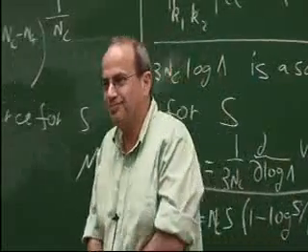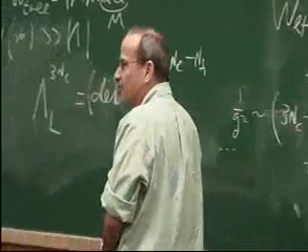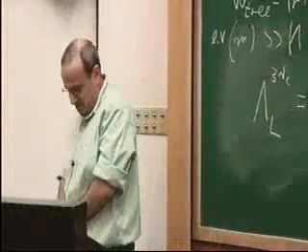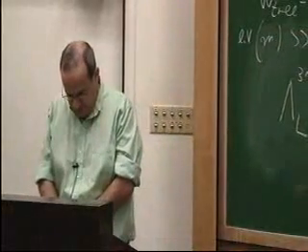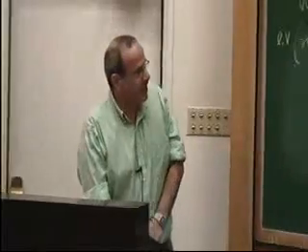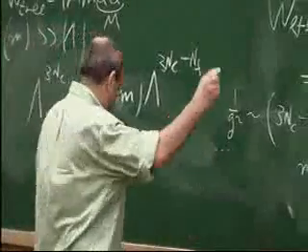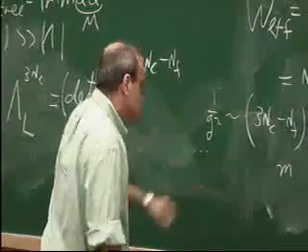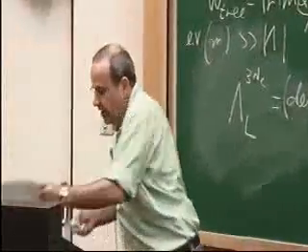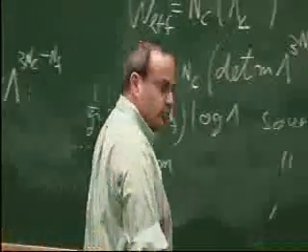Yeah, he did the non-supersymmetric case, so that's why the coefficients are different. So we play the same game again. We introduce these two sources, and that allows us to find expectation values.